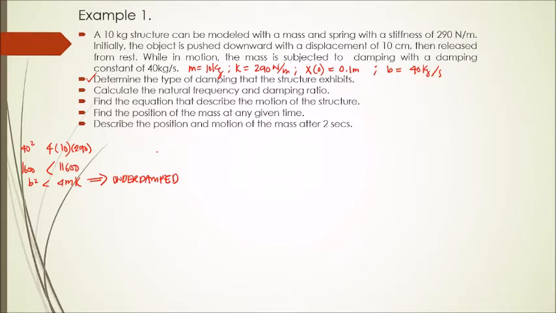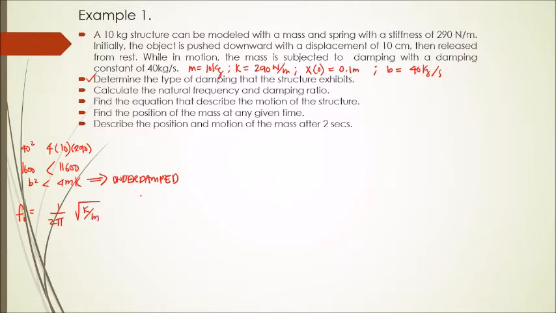Then calculate the natural frequency. The formula of our natural frequency is equal to 1 over 2 pi times the square root of k over m.